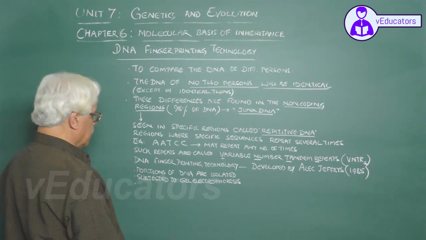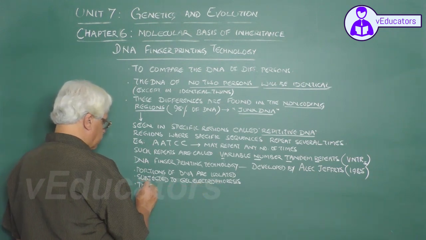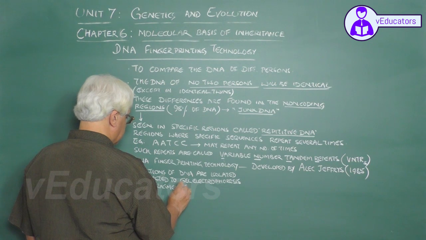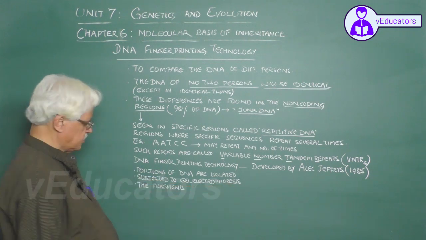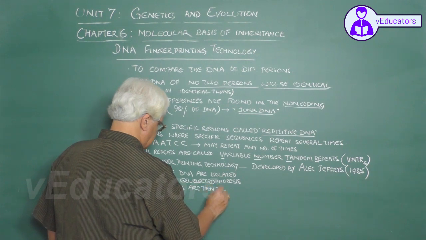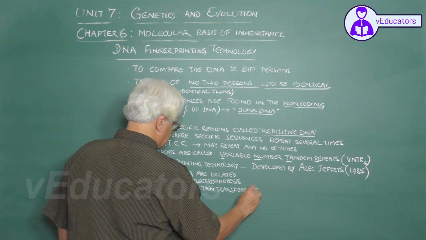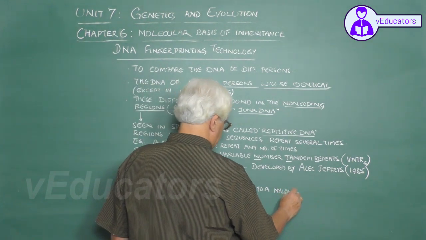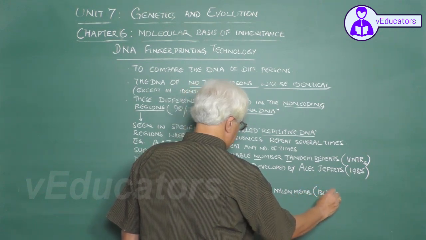So the fragments which show movement in the electrophoresis are then transferred to a nylon membrane. This is called blotting.